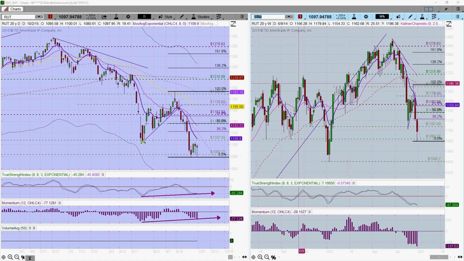If we get the shakeout, it breaks back above the 1102, 1103 level, and runs through the 8-day moving average, then there is potential for additional resistance at the 38.2, and sure enough, there's the bottom of my candle, and then also back up here at the 50% retracement, which is already an established resistance line from past lows, and that's what it broke out of last week to fall even further.